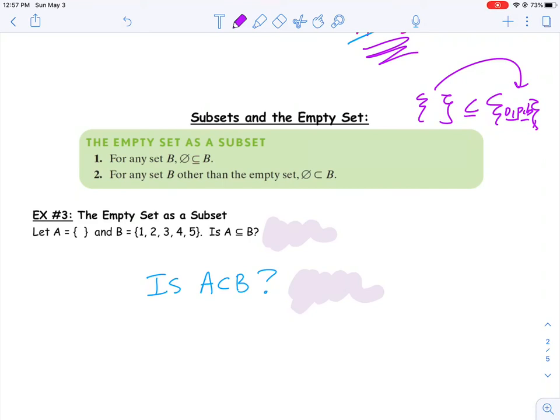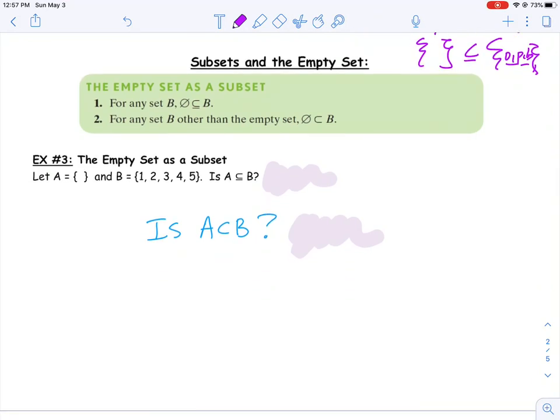And so I can say that an empty set is a subset because it won't affect my juice, I guess I could say, right? And because they're not the same exact thing, we could say that an empty set is a proper subset of B. Okay?